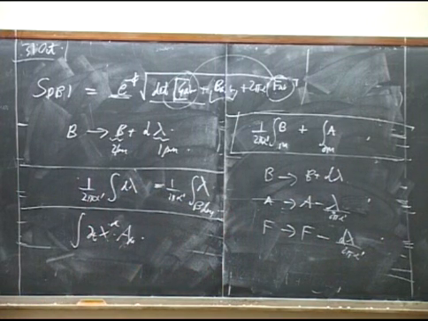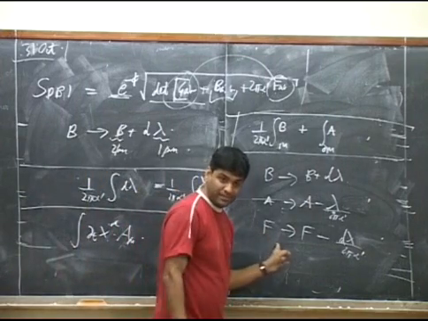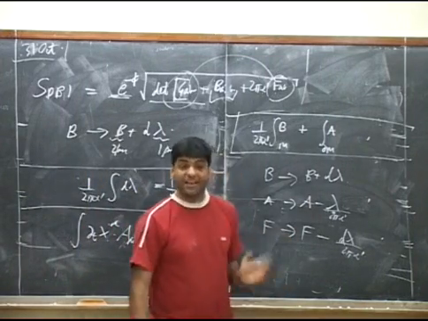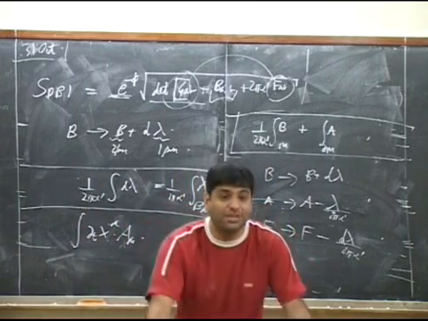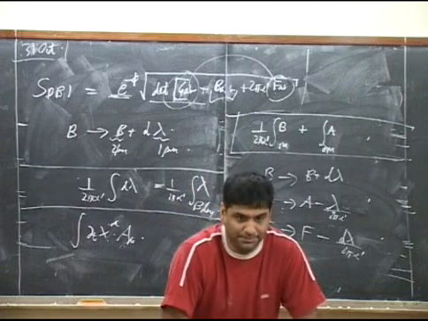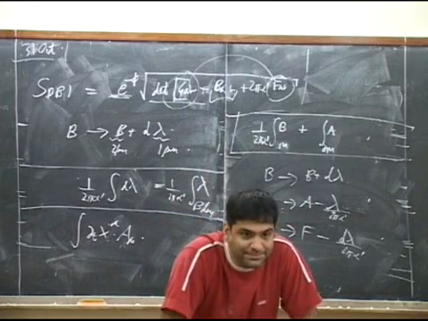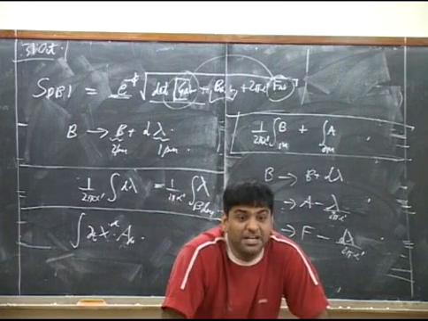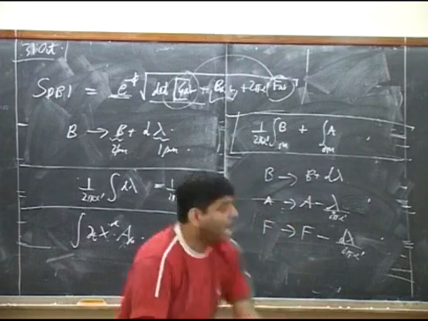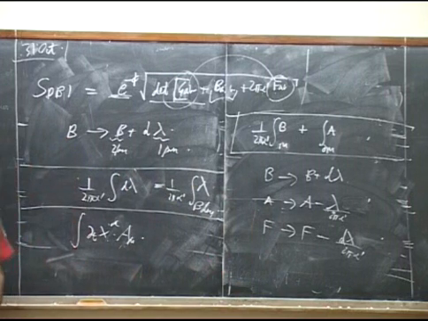Therefore, F by itself is gauge invariant under the U(1) gauge transformations of the gauge field. That's obvious. But it's not gauge invariant under this gauge transformation.